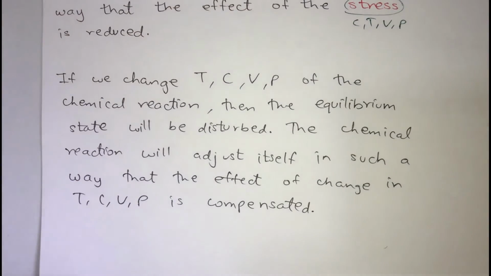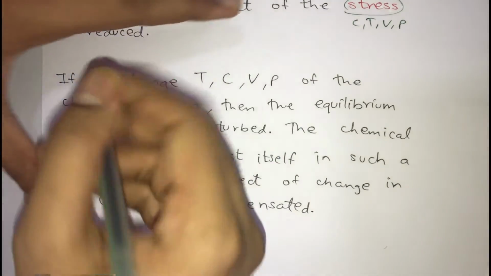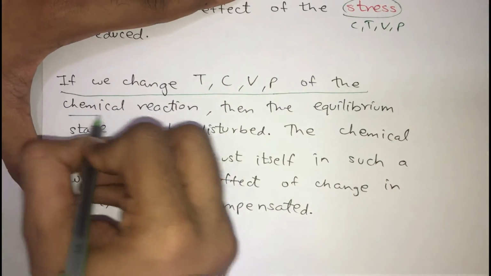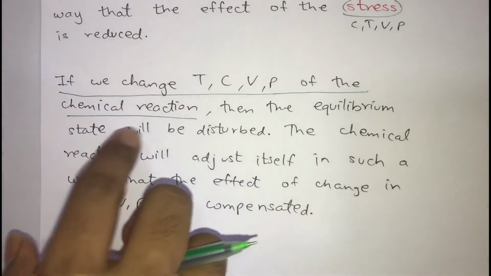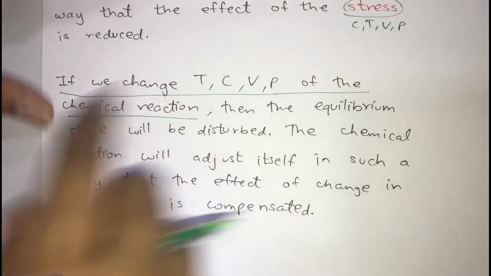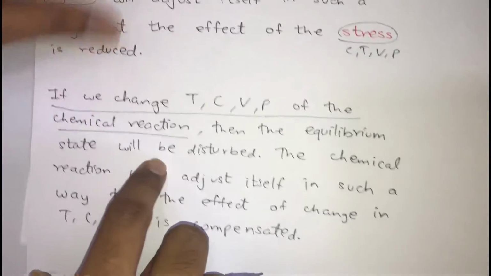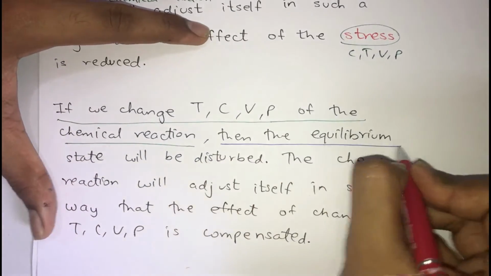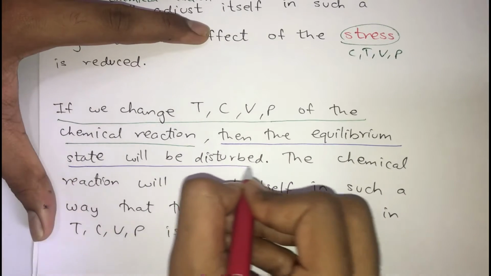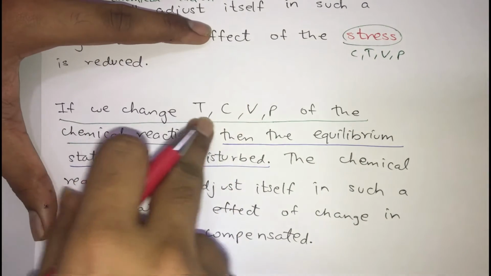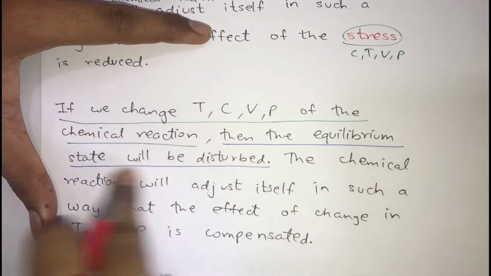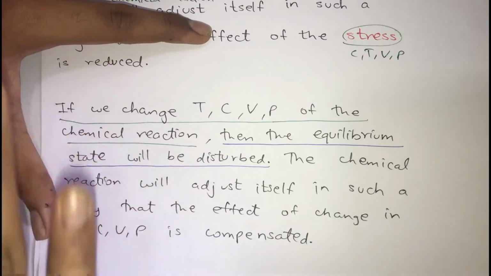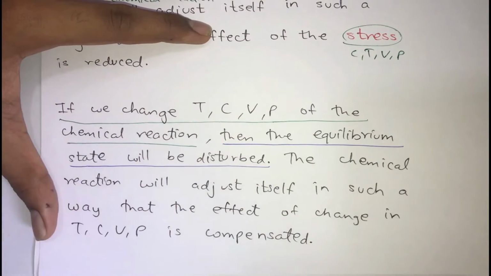Okay, so now let me explain you all. See, if you change the temperature, concentration, volume, and pressure of the chemical reaction, then what is going to happen? Then the chemical equilibrium state will be disturbed. So when you change these four parameters, the equilibrium state will be disturbed. Next, since the equilibrium state is disturbed, what will the chemical reaction do?